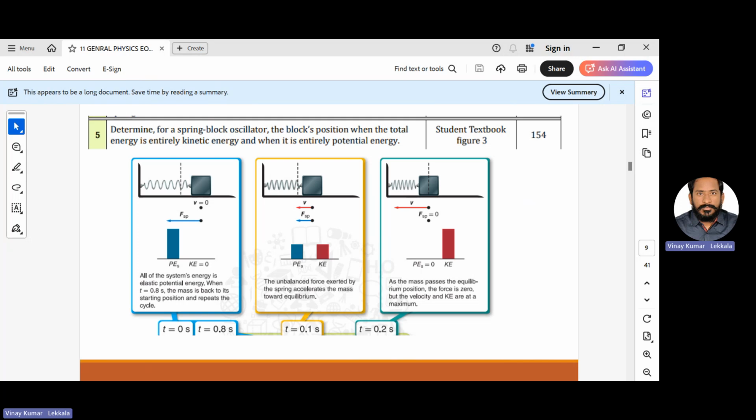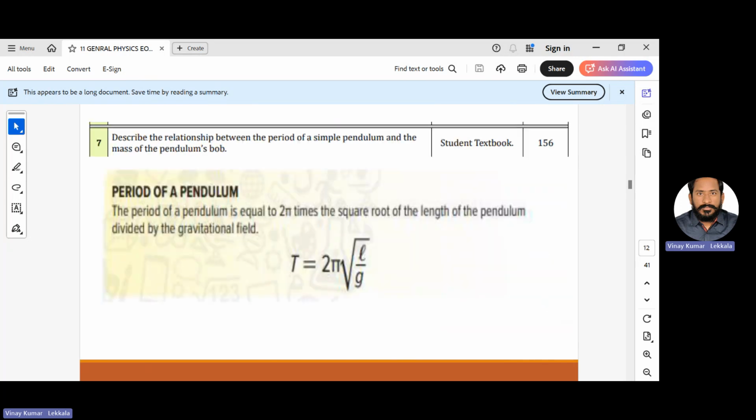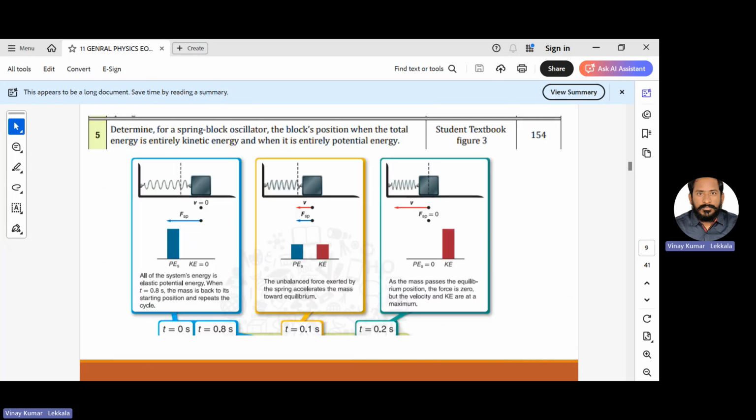When the spring pulls towards the rigid surface, at the balance level, potential and kinetic energy are both high. When the object moves forward past the reference point, the kinetic energy is maximum. So that was the force and spring block oscillator.